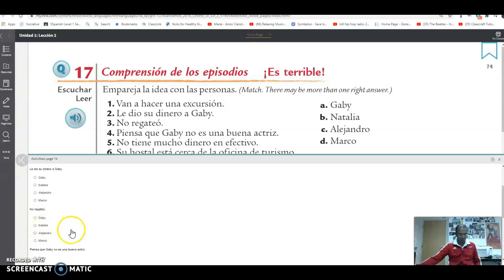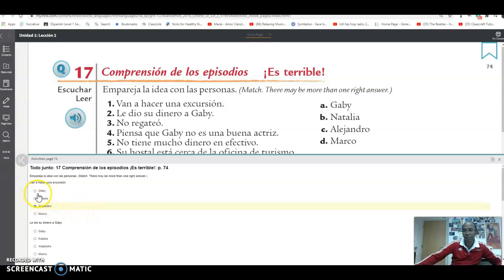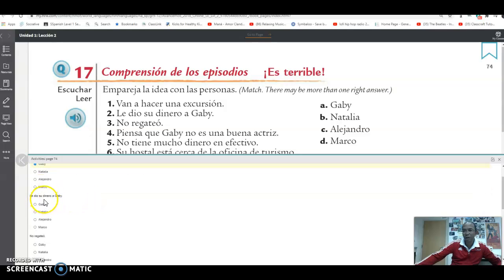Van a hacer una excursión. Will be Gaby y Marco. So you can put Gaby and Marco. Oh. I think it only gives you the option for one. Le dio su dinero a Gaby. Who gave money to Gaby? Alejandro. There you go. So that's what you do in that activity.